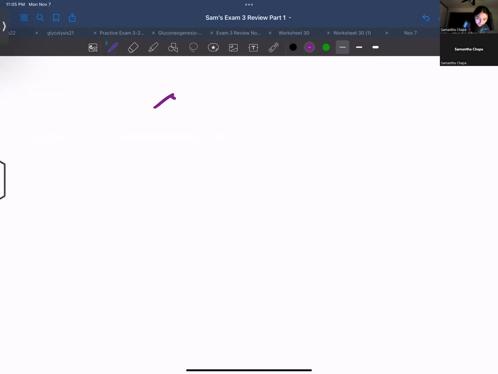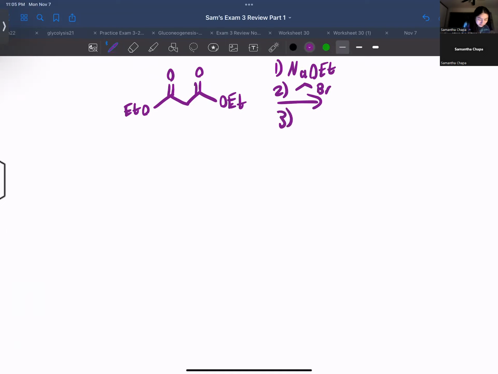I gave diethyl malonate and I made you react it with sodium ethoxide, an alkyl halide, H3O plus, and heat. So my first step is again just deprotonating the alpha carbon, and there's only one alpha carbon here, so this one is deprotonated.